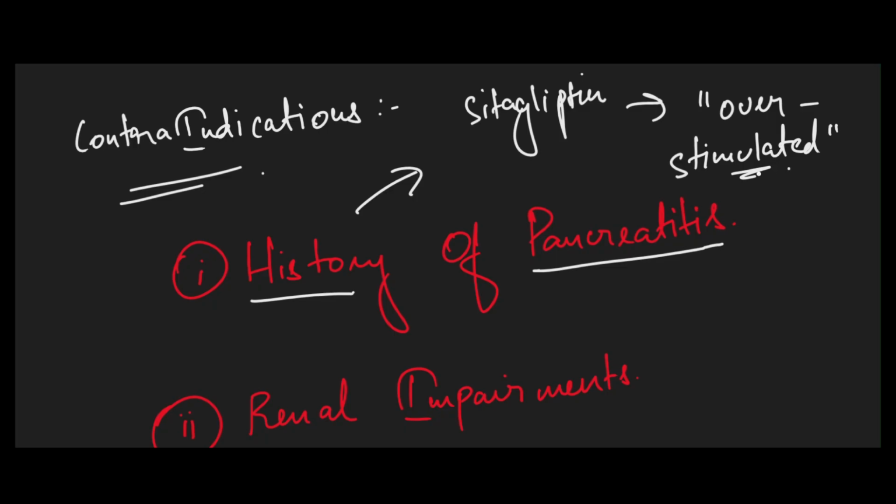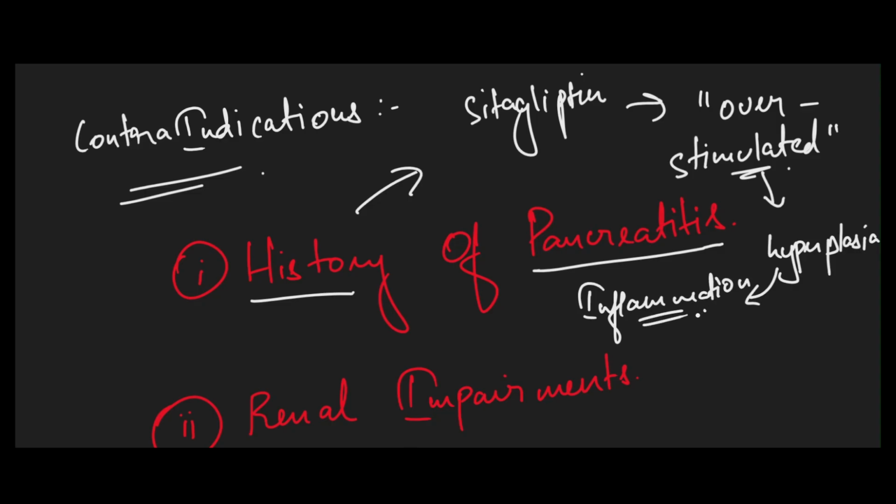So what happens when your pancreas stays overstimulated for a long period of time? It leads to hyperplasia or overgrowth of cells, or it can also lead to inflammation.